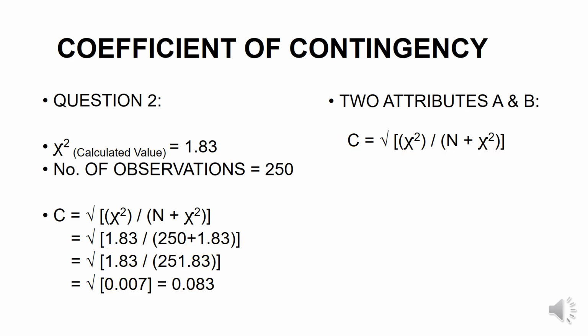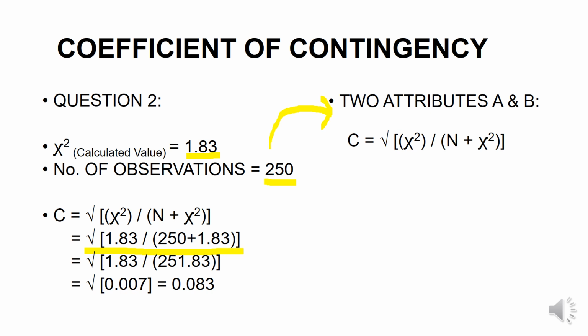Likewise, for question number 2, we'll again find the coefficient of contingency and relate these two. In question number 2, the calculated value of chi-square is 1.83 and the number of observations is equivalent to 250. So we'll again substitute the values in the general formula for coefficient of contingency, and we'll get an expression of this kind in mathematical form.